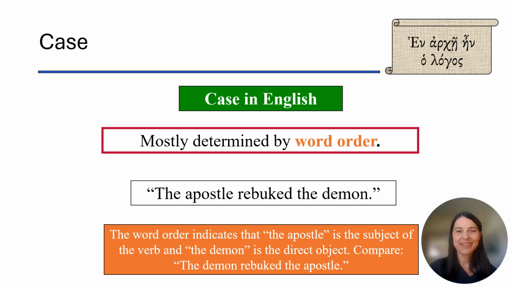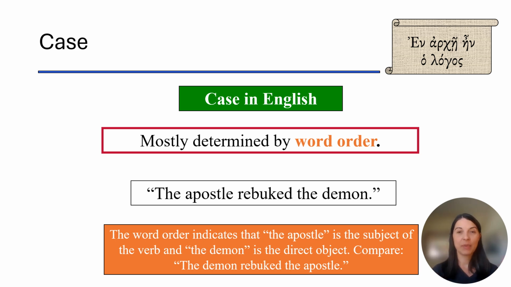So what are cases? Cases are the parts of the sentence and how they're functioning. So in English, the way a noun is functioning in the sentence is mostly determined by word order. So here we have the apostle rebuked the demon. We see the apostle is the subject of the sentence, rebuked is the verb, and the demon is the object.